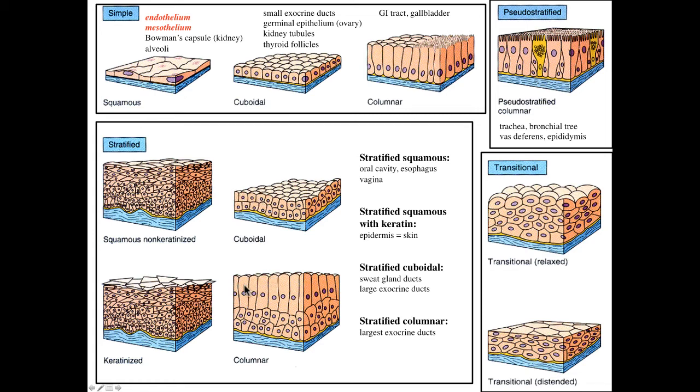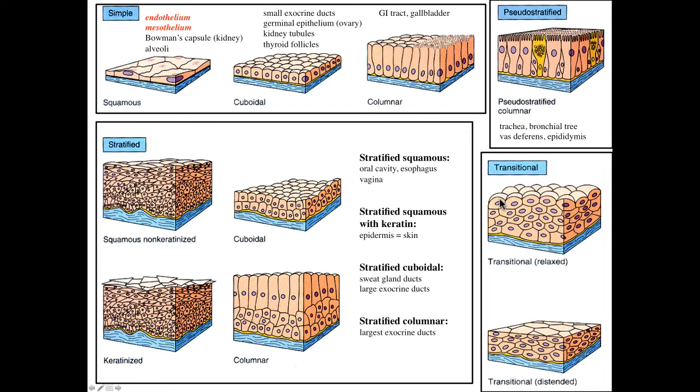In a stratified columnar epithelium, the top layer is columnar. And the diagram makes this point really well. Here, if you looked in this area, you might be tempted to say they're cuboidal cells, but we're defining the epithelium here as stratified columnar because the top layer is columnar.